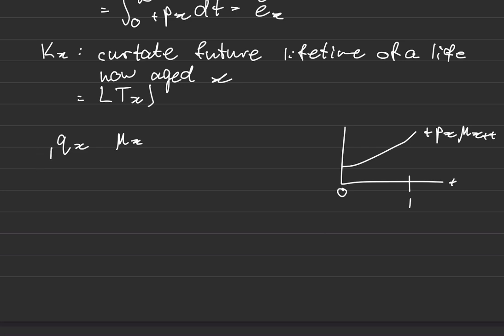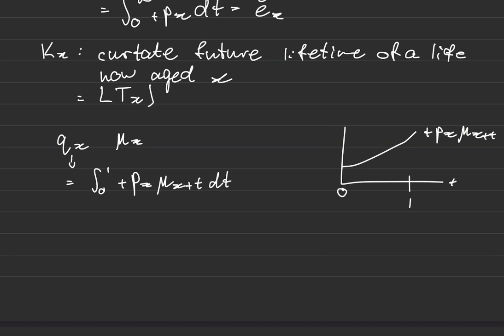Only if it's 1, you don't have to write it. That also applies to px. So I have a probability density function, and I'm interested in this interval 0 to 1 because I want to know the probability that this person dies between age 0 and 1. So this equals the integral from 0 to 1 of this probability density function.